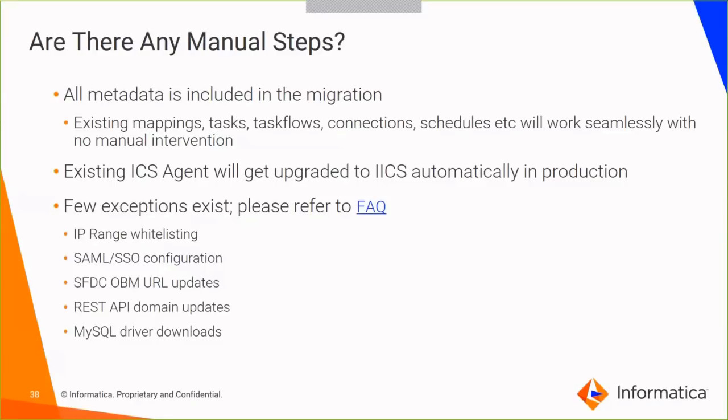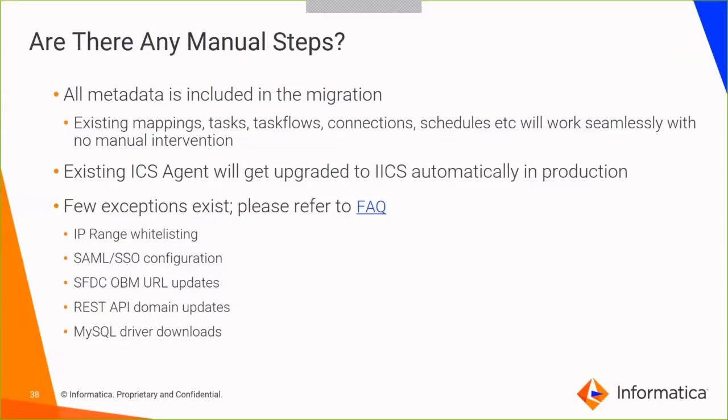We understand this is a significant impact. To mitigate the risk, we have enabled a redirect capability for a month after the migration. So once you migrate over, your old REST API URLs for the Salesforce outbound messages will continue to work for a month.